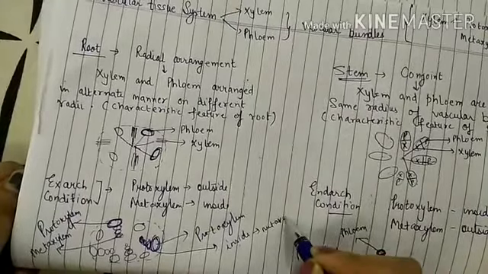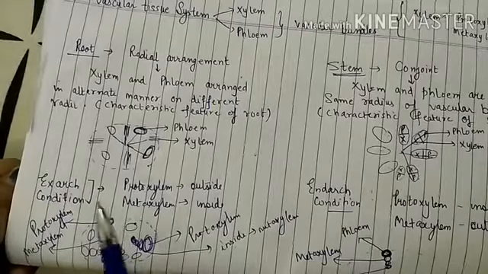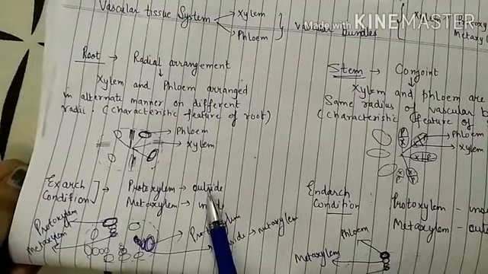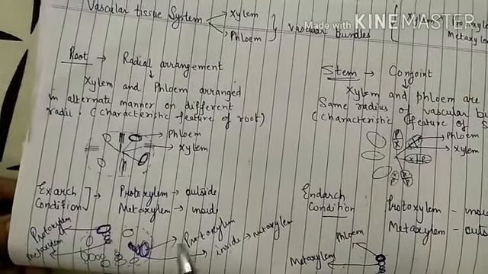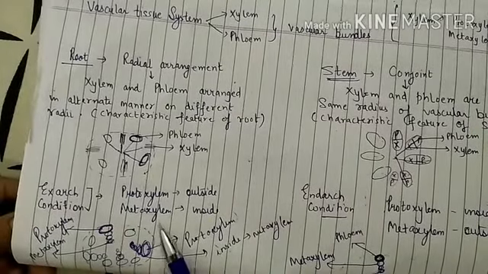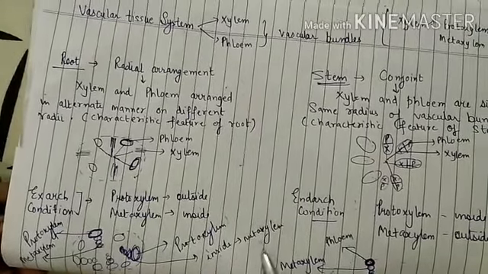So exarch condition means the protoxylem, which is the first formed xylem, is present outside, and the metaxylem, which is the later formed xylem, is present inside.